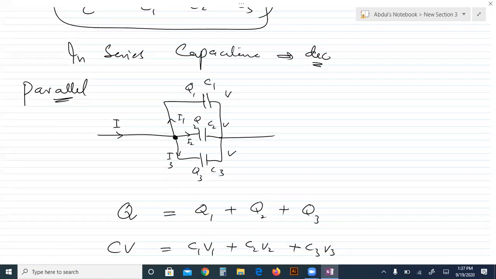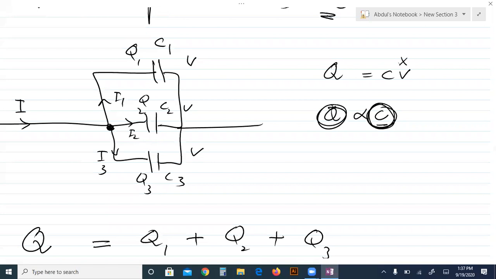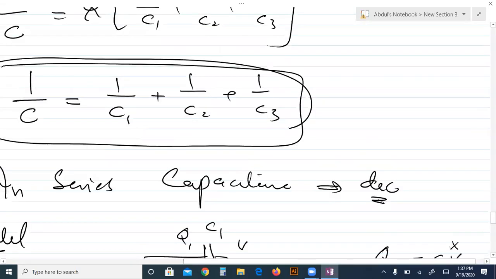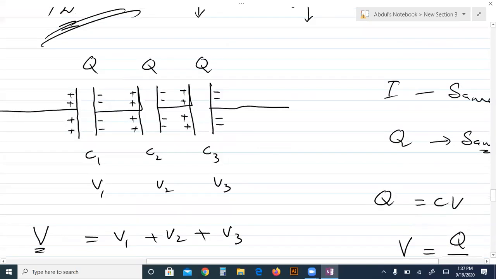Now look, in the formula Q is equal to CV, the voltage is constant in parallel, so Q is directly proportional to C, meaning a capacitor with large capacitance will get more charge. A capacitor with large capacitance value will get more charge in parallel. And in series, the charge will remain the same, because in series the current remains the same.